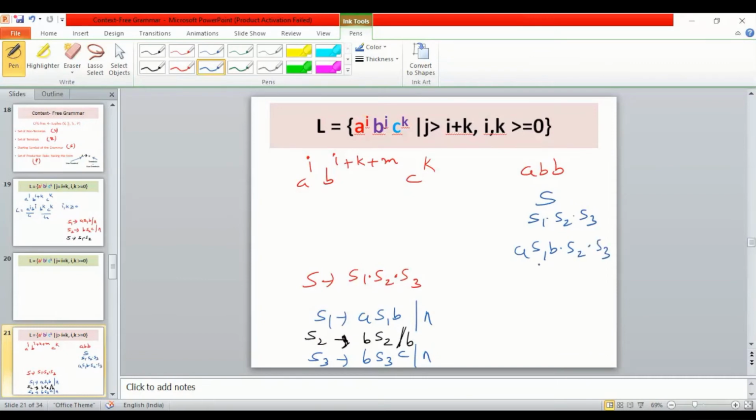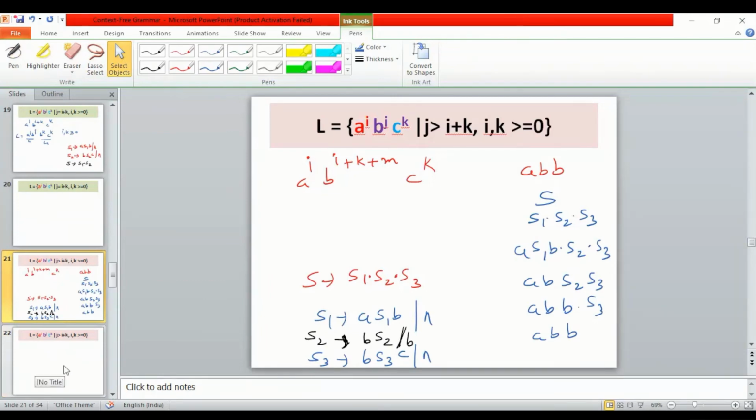We'll replace S1 with null. So we have A, B, then S2, S3. For S2 we'll replace with B, and last we have S3, for which we'll put null. So we are able to get the string ABB, in which also J is greater than I plus K. I hope you are getting this example. It is very interesting.